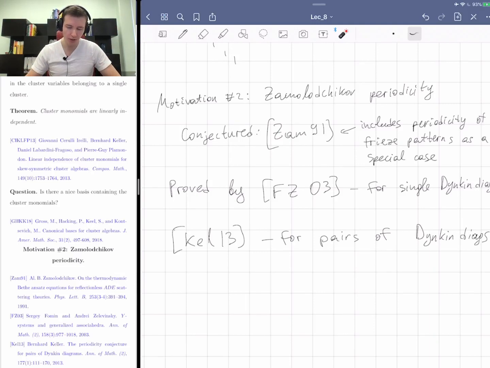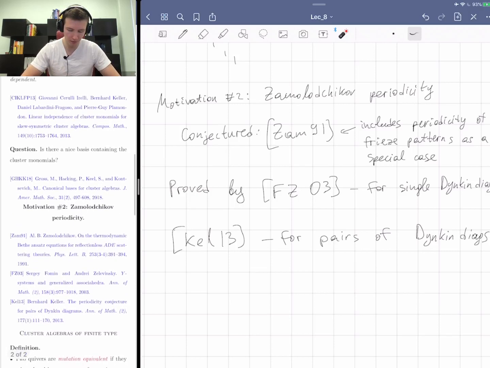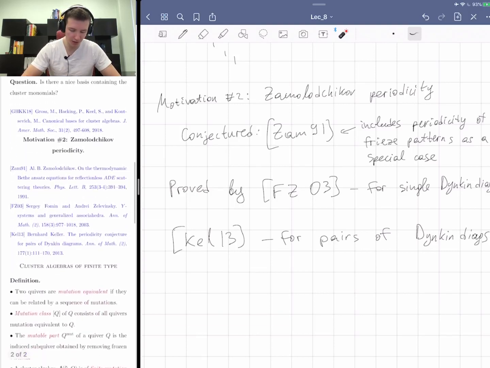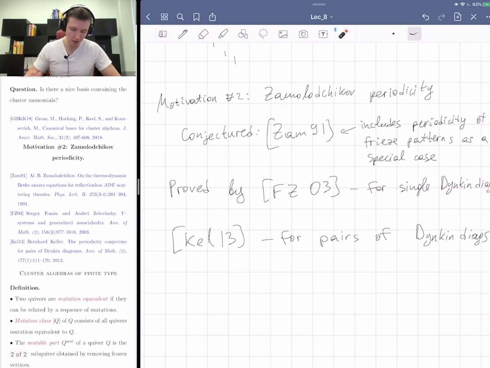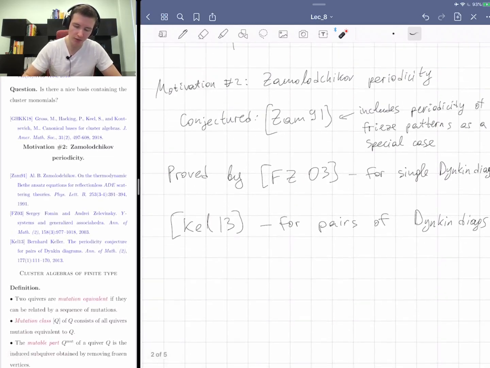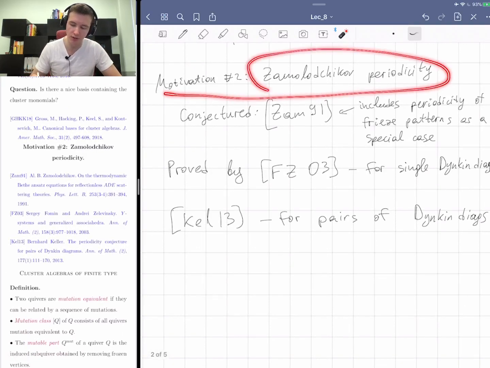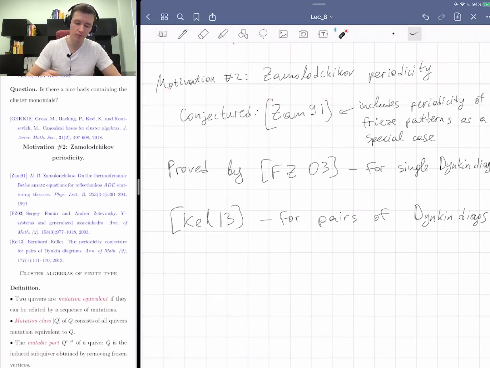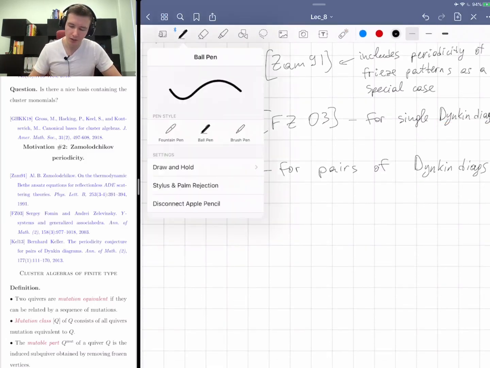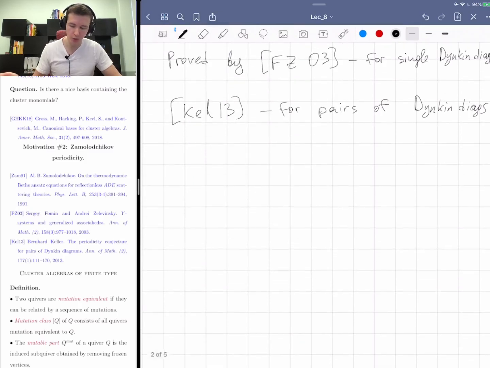Now I should explain what I mean by cluster algebras of finite type. So now I'm going to slowly transition into periodicity. I'm going to explain Dynkin diagrams and stuff like that later. But for now, let me explain what the problem is.